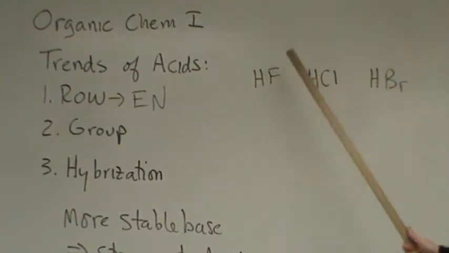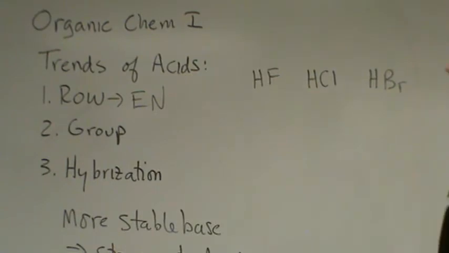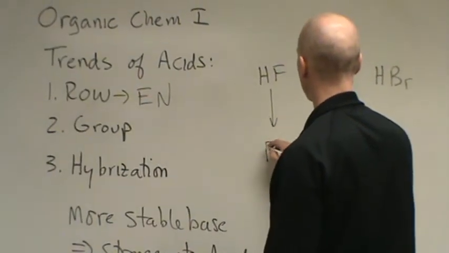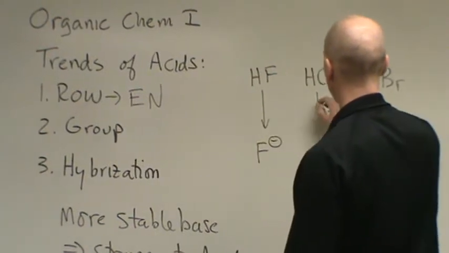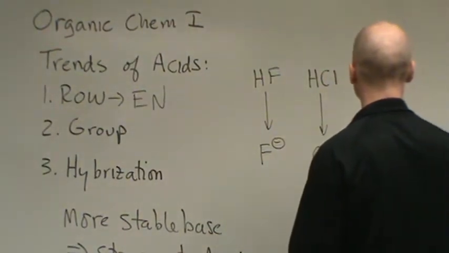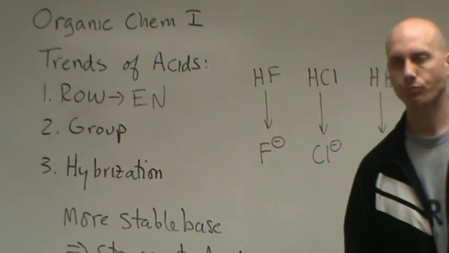We want to see if we can predict which of these would be the strongest acid. Well, again, we do the same argument. We remove a proton, and we get its corresponding conjugate base, each of these three here.